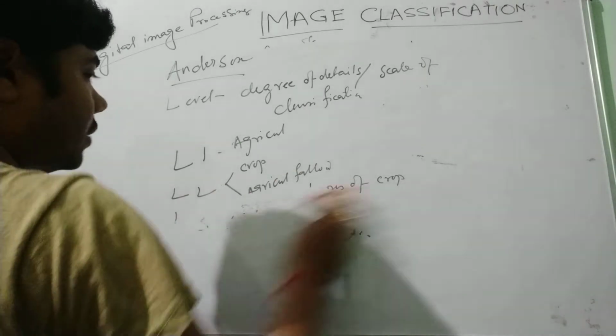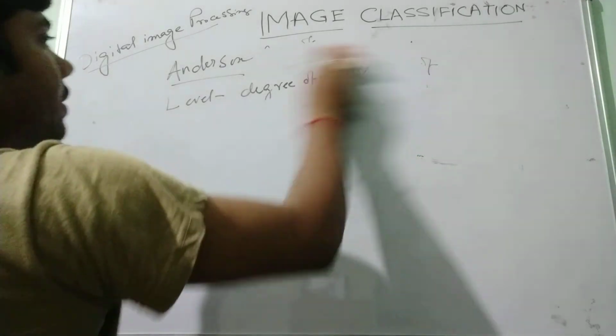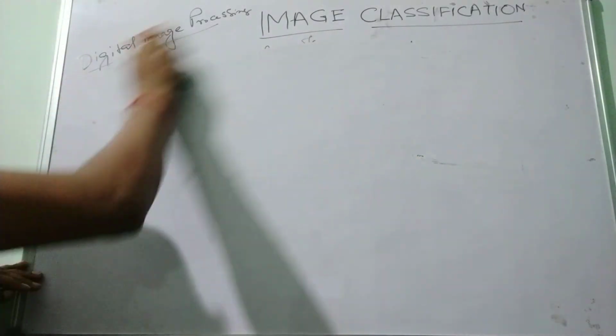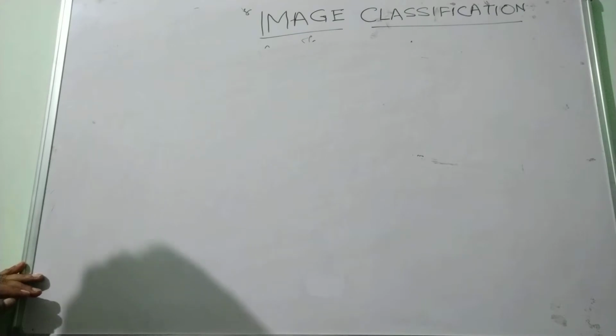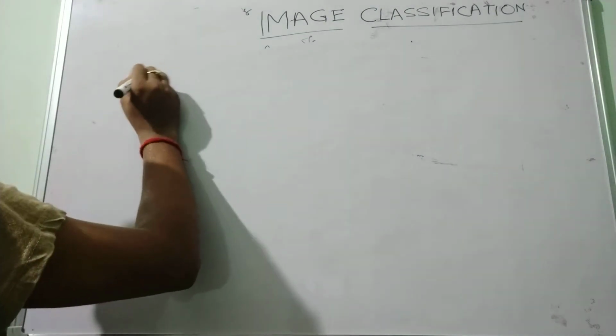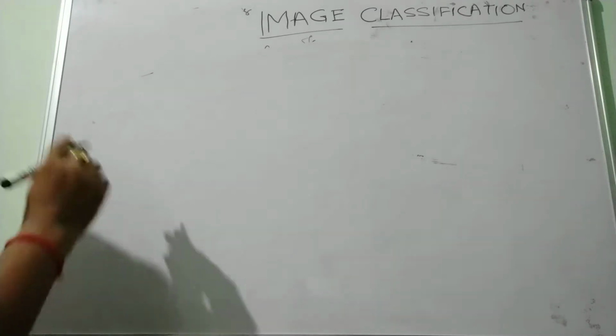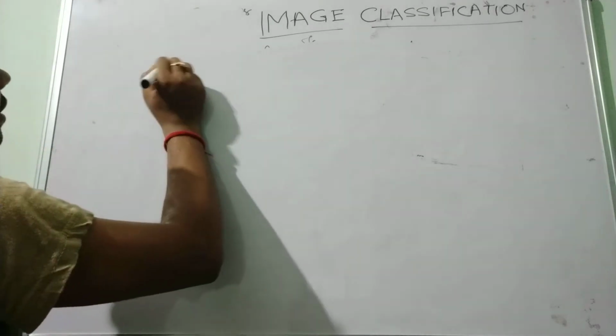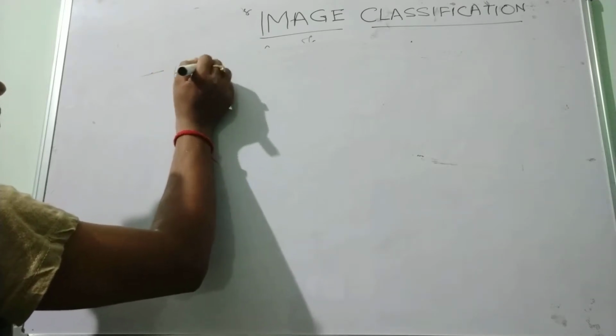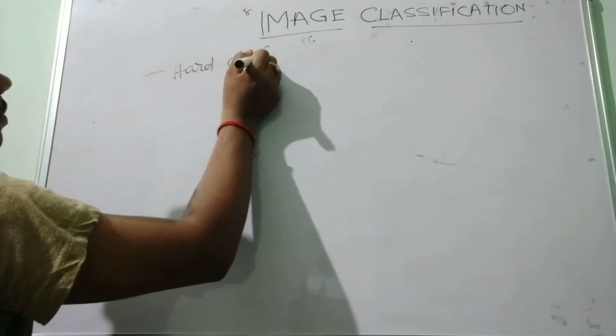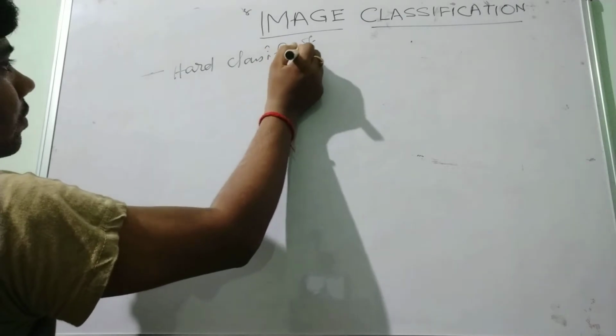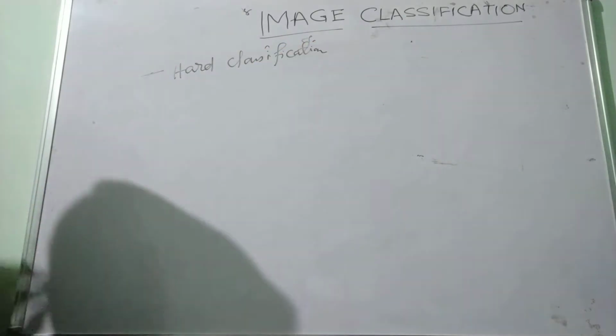Now the types of classification, which is one of the basic important aspects of the digital image classification technique. First, the classification has been categorized based on the methods that we used in the classification process. For example, we can say the hard classification. That is the hard classification.